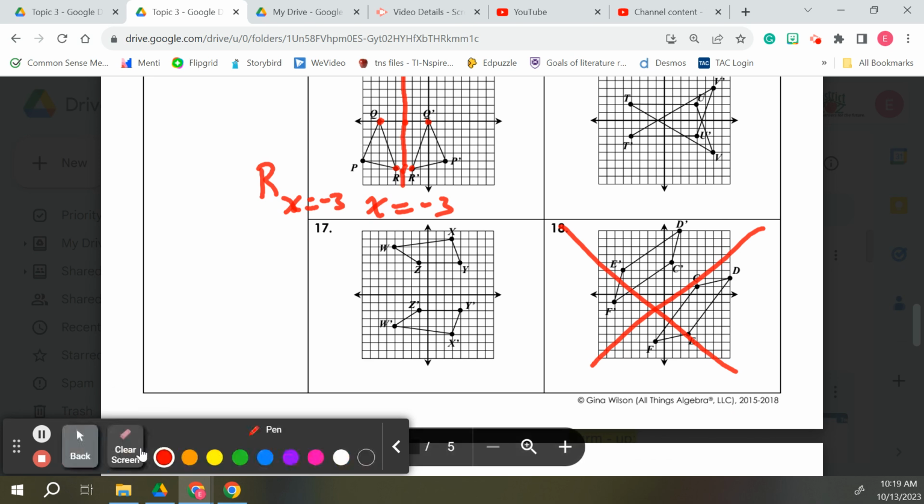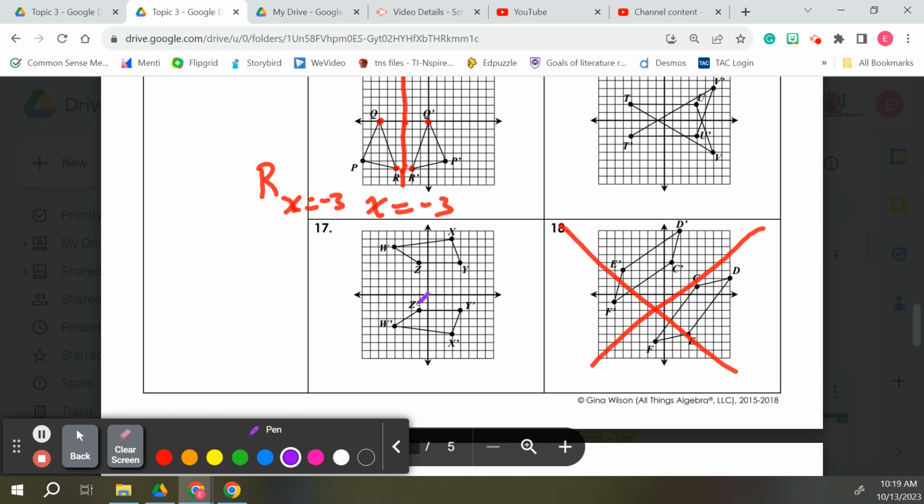Now for 17, someone tell me who sees what the line of reflection is for 17. Again, look at like z's or y's and divide the total units by 2. Good. Is it y equals or x equals? Y equals 3.